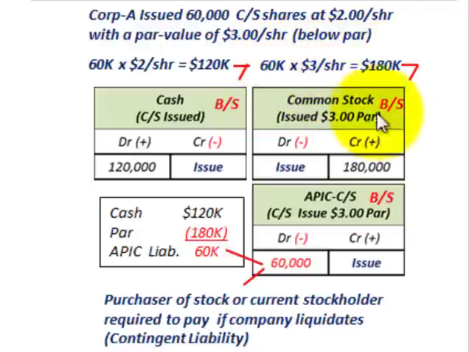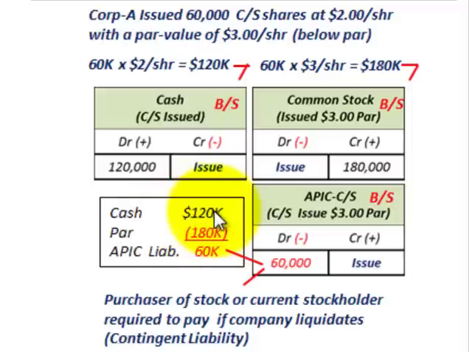That's $180,000. Now we only received $120,000, and the par value was worth $180,000. So the difference goes to additional paid-in capital, and this is what we're talking about with this contingent liability. So we would have debited that for $60,000, or reduced our additional paid-in capital for $60,000.